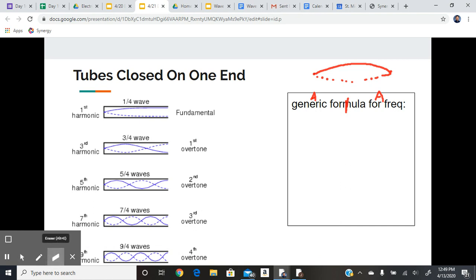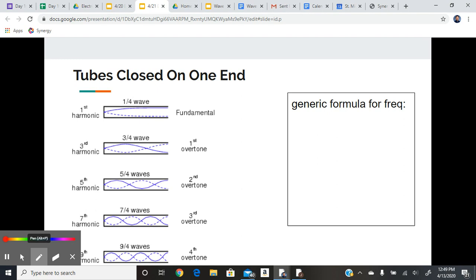All right. And then the last thing is talking about tubes closed on one end. So now when you have a tube that is closed on one end instead of being open, that's going to change things a little bit, because now instead of having half of a wave, we're going to have 1/4 of a wave in our fundamental.